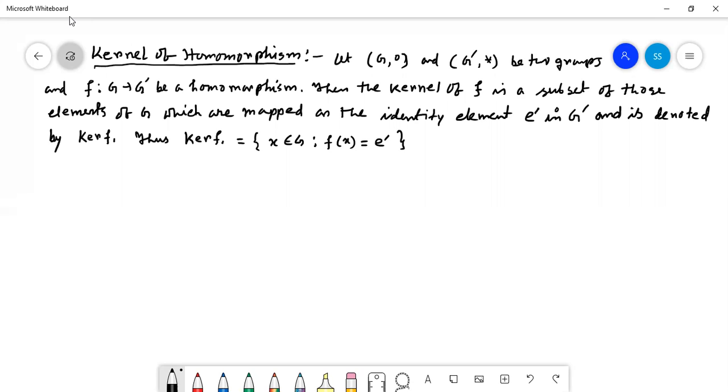Those elements of G mapped into G' onto the element e'. Is it clear? This definition is clear to everybody.